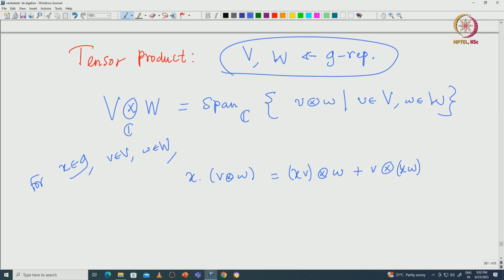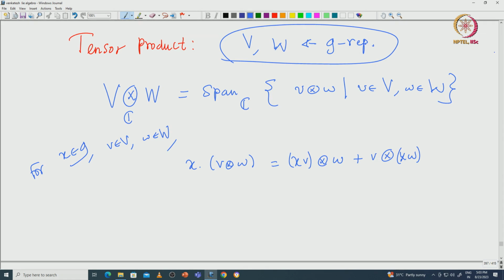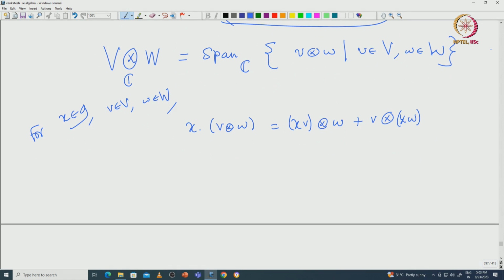Okay. Once you have defined this for simple tensors, it is easy to extend this linearly to the entire tensor product, because any typical element will look like a finite sum of these simple tensors. Now it is easy to check that this indeed gives you a G action on this V tensor W. So, maybe I will leave it to you to check.